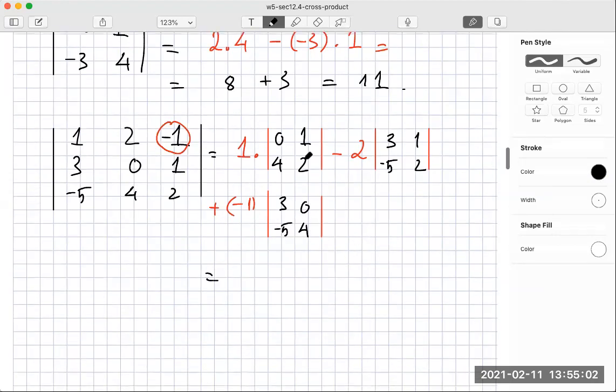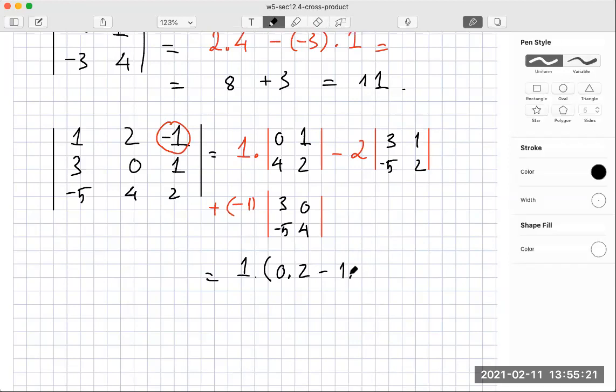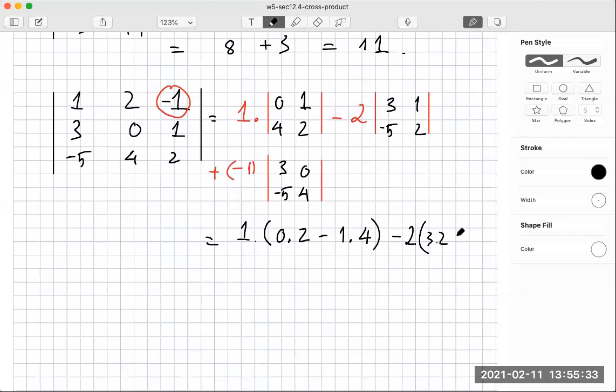Now it becomes easier, right? Let us compute it. 1 here, write it down. Multiply with the whole thing here. What is it? 0 times 2 minus 1 times 4. The second term, minus 2 times... Yes.